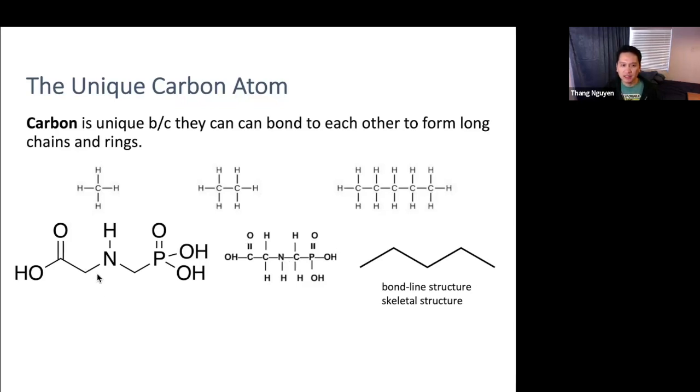Then it's connected to a nitrogen, which is connected to a hydrogen, so we do draw it in. You can draw it with a line or just write a hydrogen on top. Then it's connected to another carbon with hydrogens, so we don't draw that in. Then it's connected to a bunch of non-carbon atoms, so we do draw all of those in. Okay, so we're going to get a lot of practice with this in our homework this week.